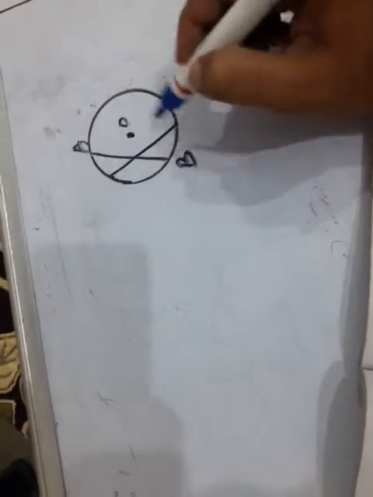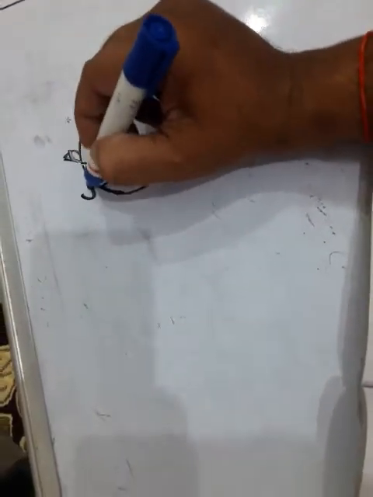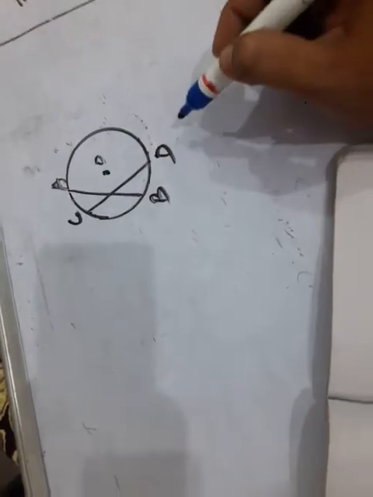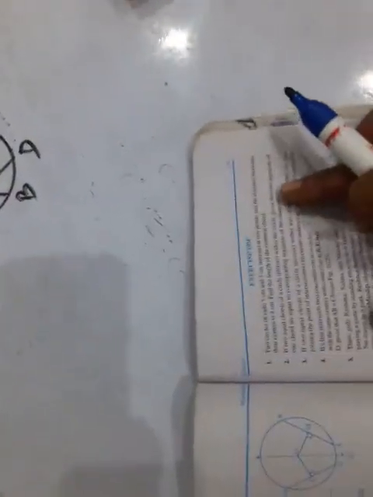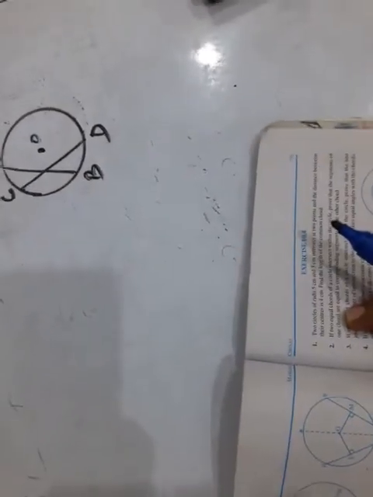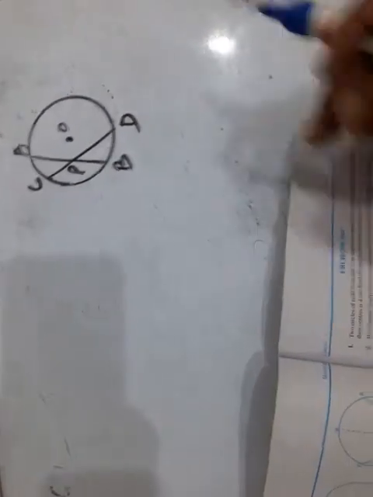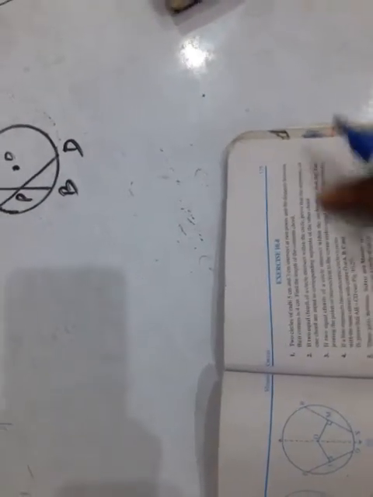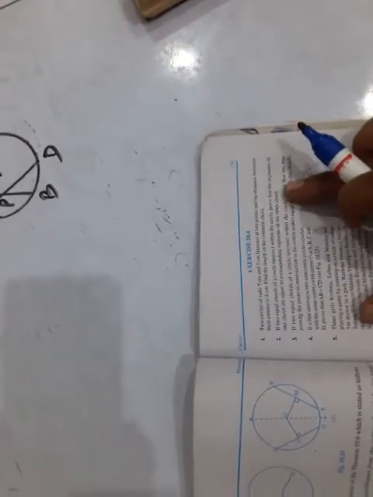Let it be AB, and this is CD. Clear, children? Now what happens? They intersect each other at point P, suppose. Prove that the segments of one chord are equal to the corresponding segments of the other chord.